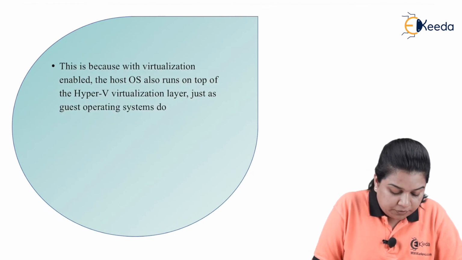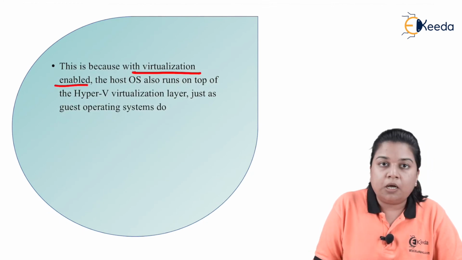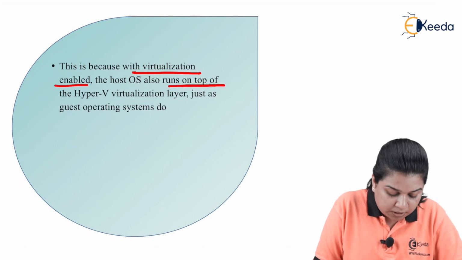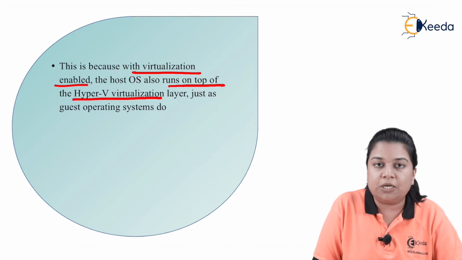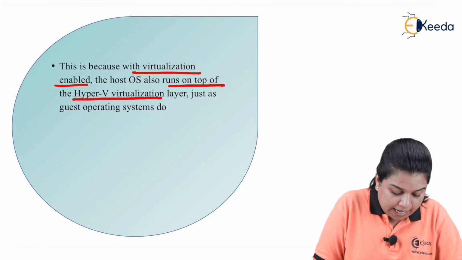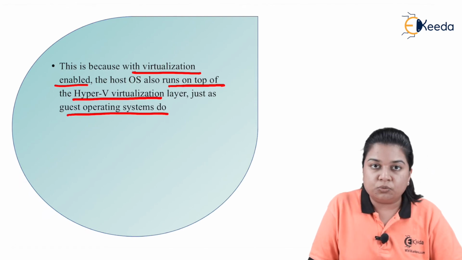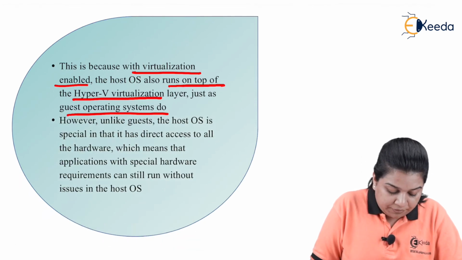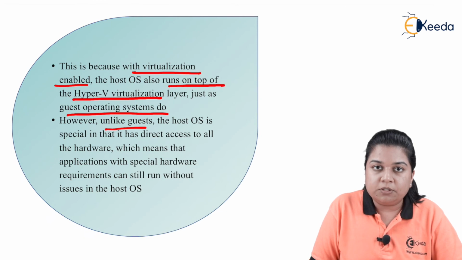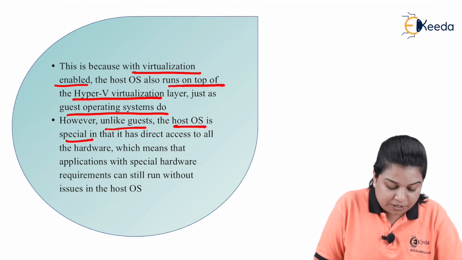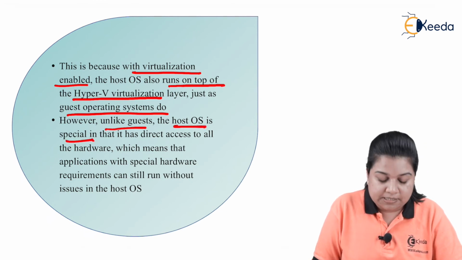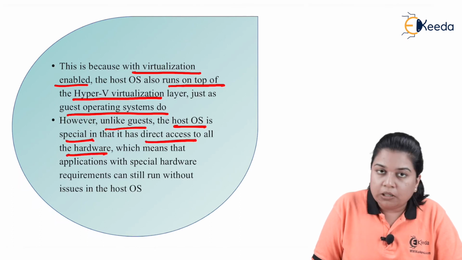This is because with virtualization enabled, the host operating system also runs on top of the Hyper-V virtualization layer, just as guest operating systems do. However, unlike the guest operating systems, the host operating system is special in that it has direct access to all the hardware.